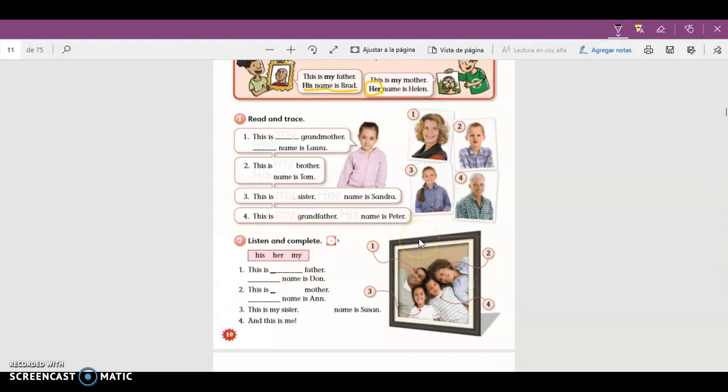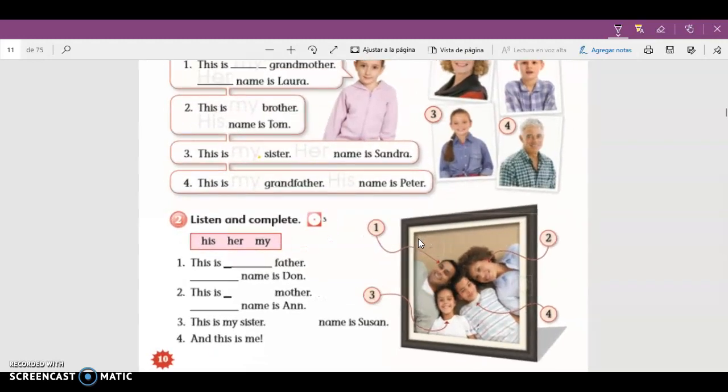I'm going to use black. My father. We use his because his is for boy.